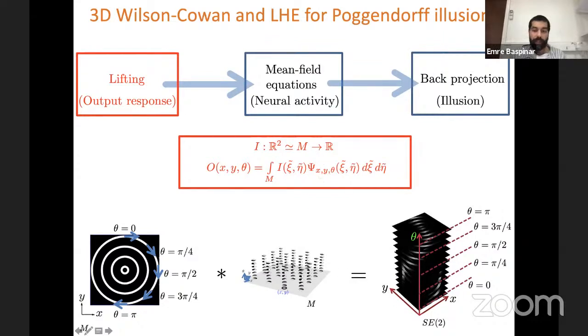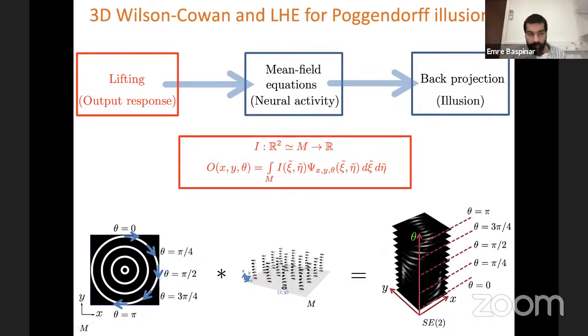At the end, we end up with the lifted version of the two-dimensional image, which provides a good representation of the orientation information within the two-dimensional image, but now represented in the three-dimensional Subriemannian geometry of SE2.